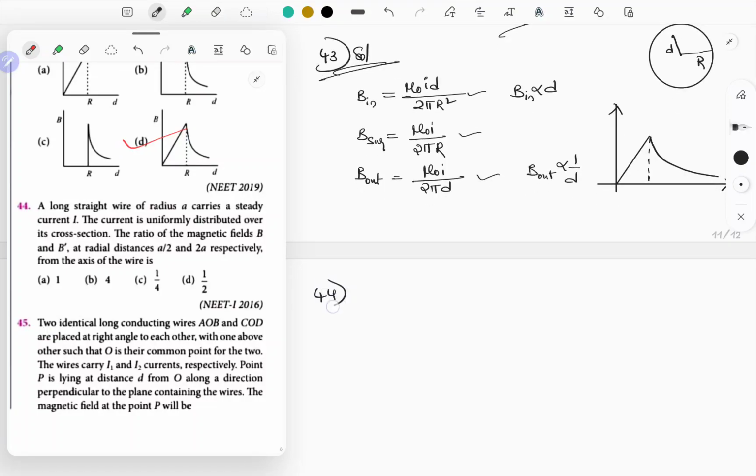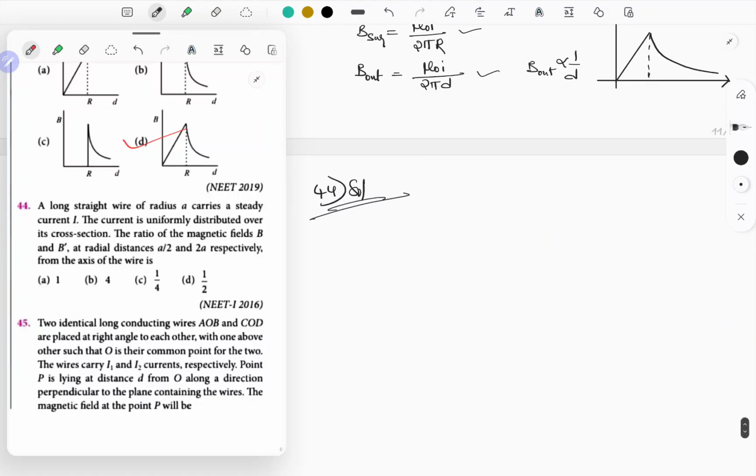Okay, so 44. Let me draw it. I'm just going to show you the top view of this conductor. Radius is a. They're asking the magnetic field at a by 2 and another position at 2a. These are the two locations where they're asking the magnetic field.